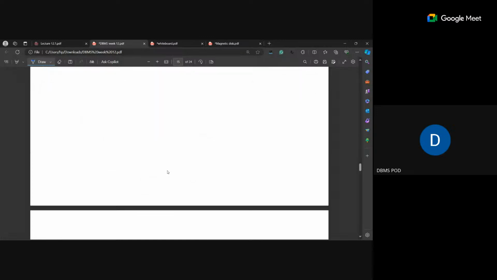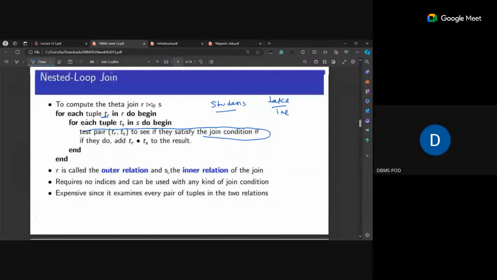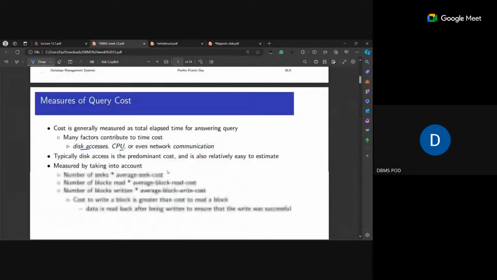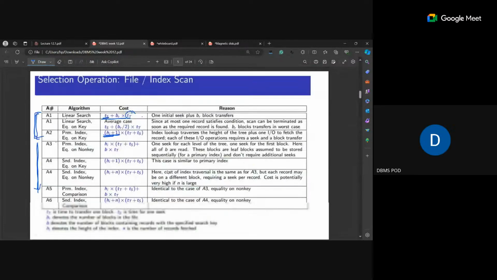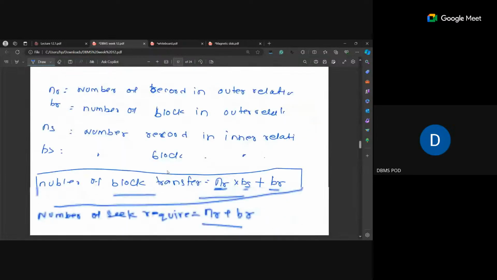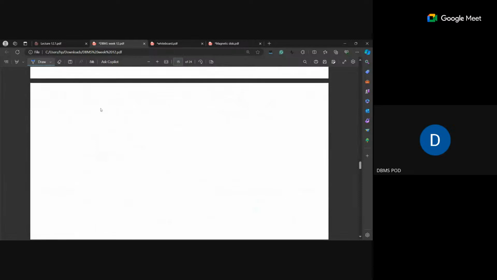Okay. Now we have to learn about the block nested loop join, right? So how does the block nested loop join work?